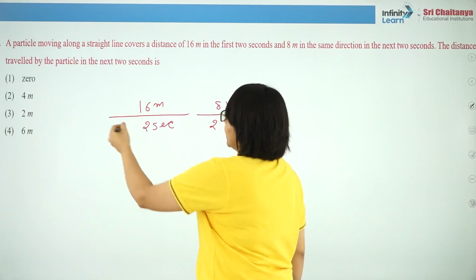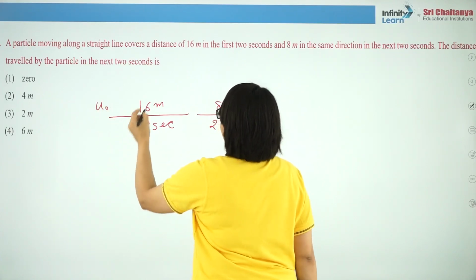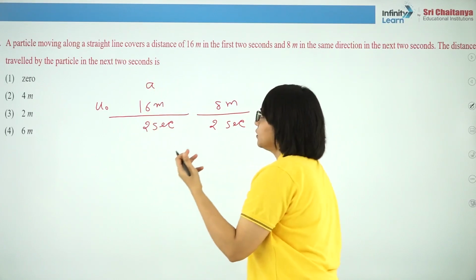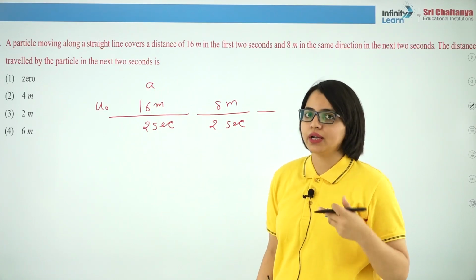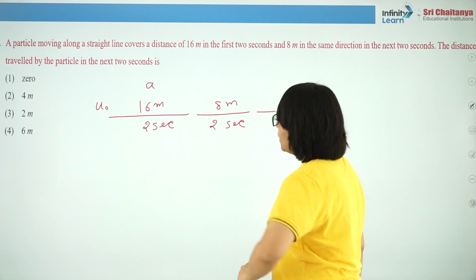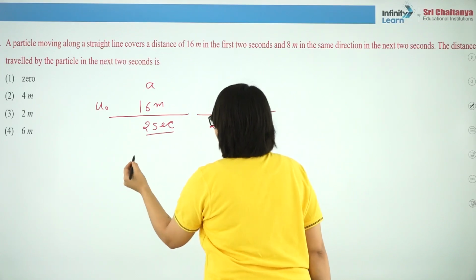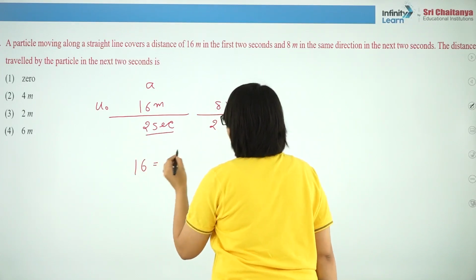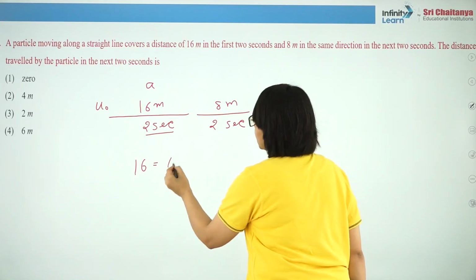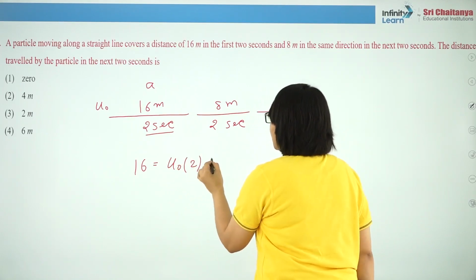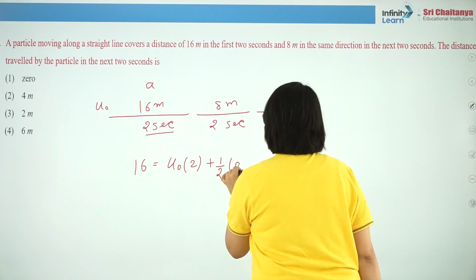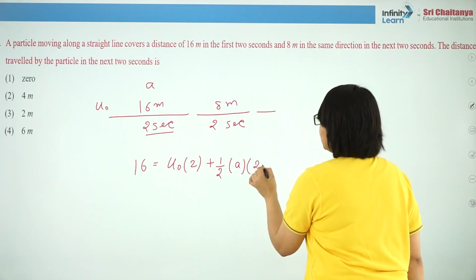Let us understand this question, right. Initial velocity is let us say u naught and its acceleration is a. So, for the first 2 seconds, you can write S = ut + 1/2 at². So, it is u naught into t plus 1/2 a t², which is 2 into 2.